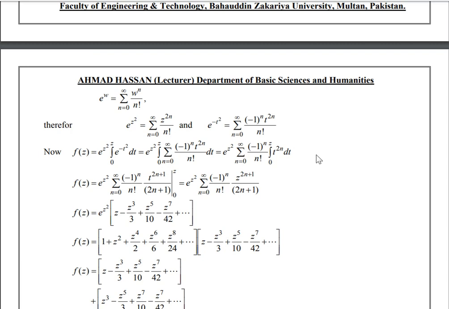Similarly here, interchange: integration of just t power, only integration with respect to t, the function of t remains, all other terms are outside the series. Just integrate t power 2n plus 1 over 2n plus 1, by the power formula, upper limit minus lower limit at t equal to z and t equal to 0. We have this one series.